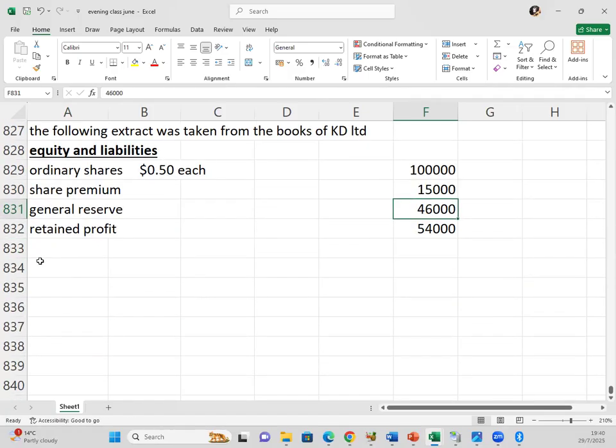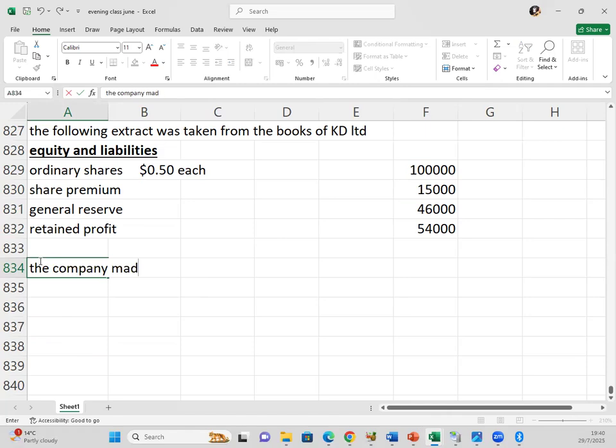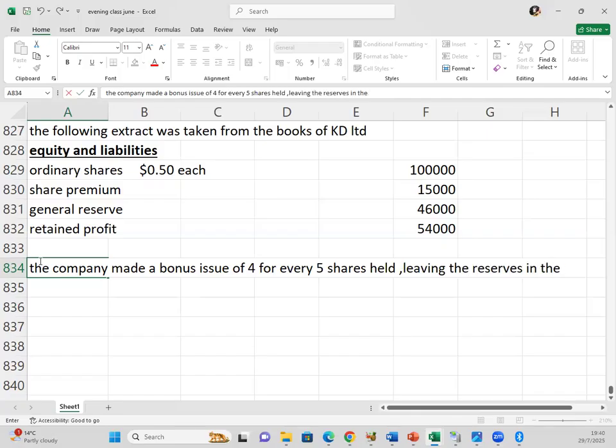So then we are told that the company made a bonus issue of 4 for every 5 shares held, leaving the reserves in their most flexible form.